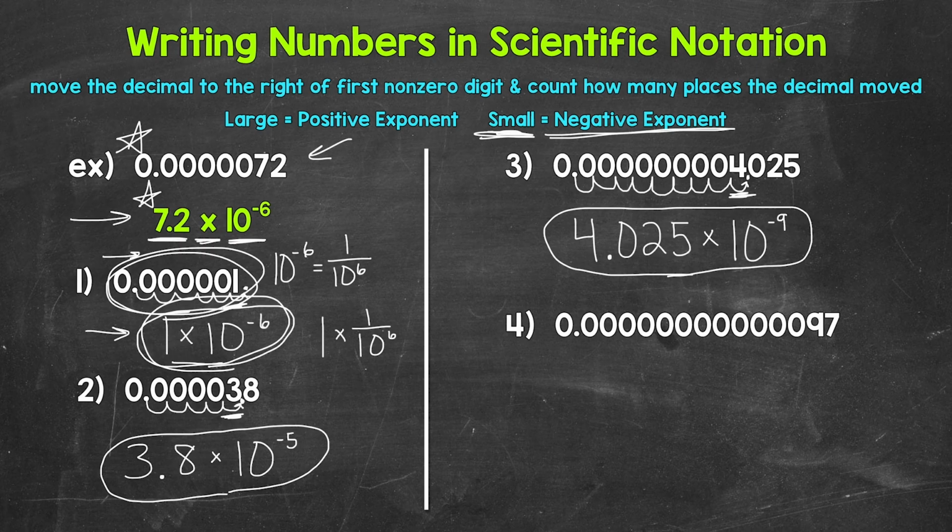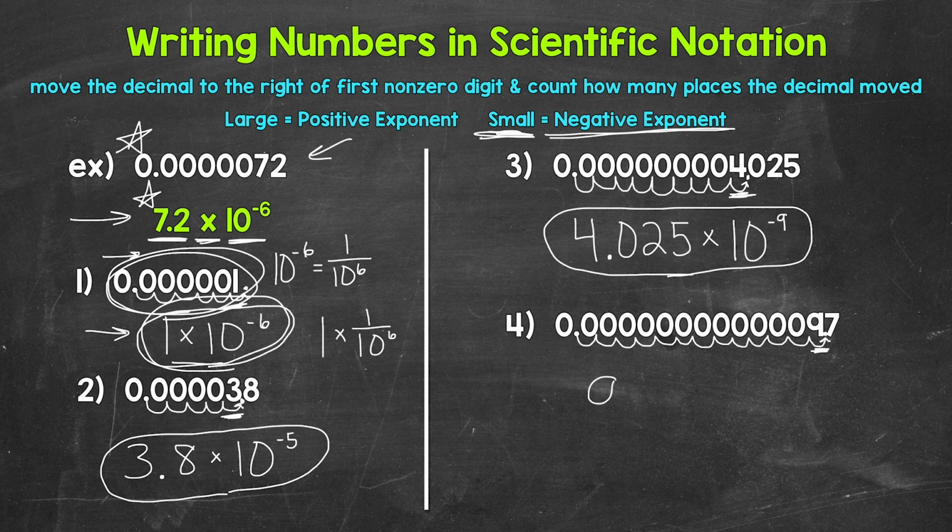Lastly, moving on to number 4, we need to start by finding that first non-zero digit. So looking from left to right, that's going to be this 9 right here. So let's move the decimal to the right of that. We need to move the decimal once, twice, 3 times, 4 times, 5, 6, 7, 8, 9, 10, 11, 12, 13.